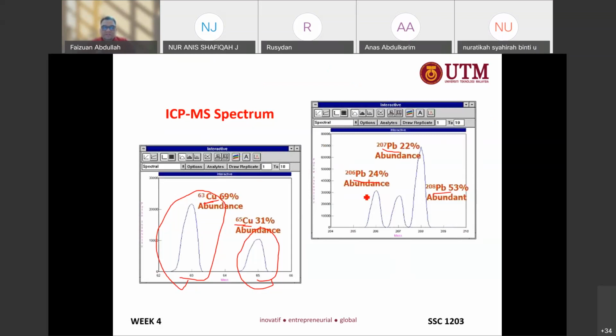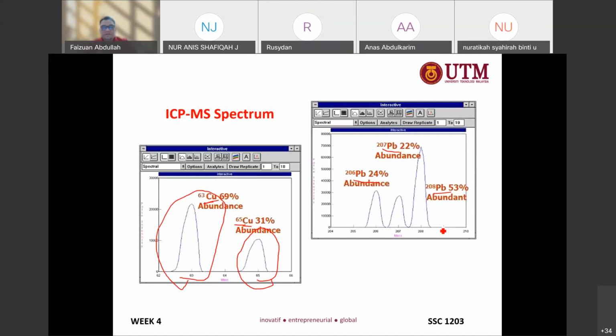For every single element, we have several types of isotopes. So in ICPMS, we can differentiate the isotopes of the elements, because we are now dealing with the charge, in terms of the mass.